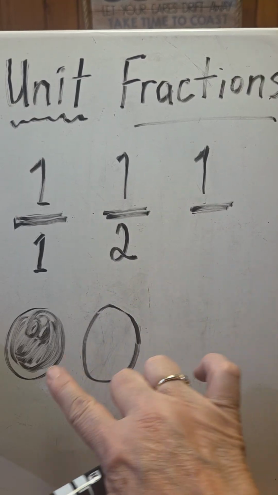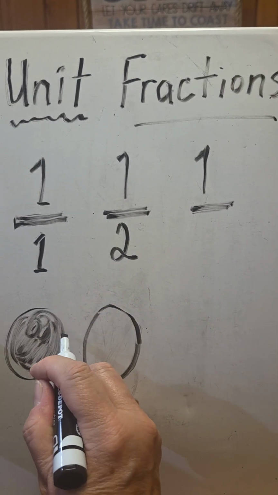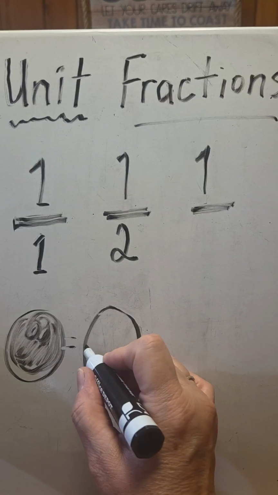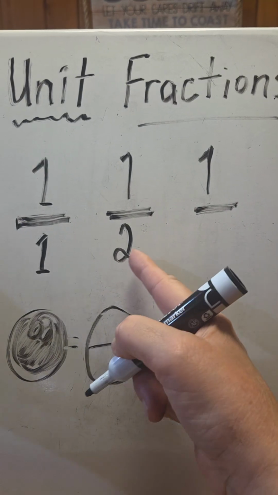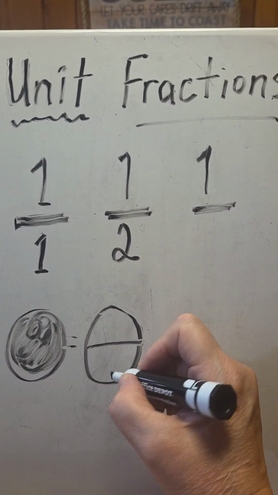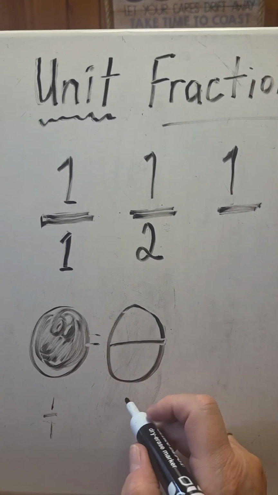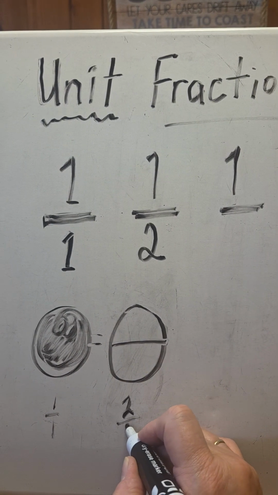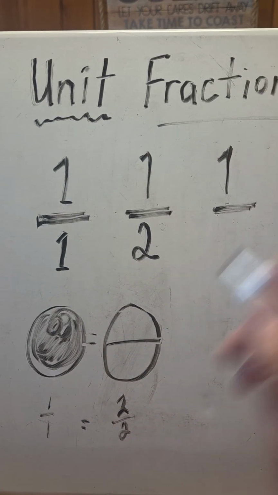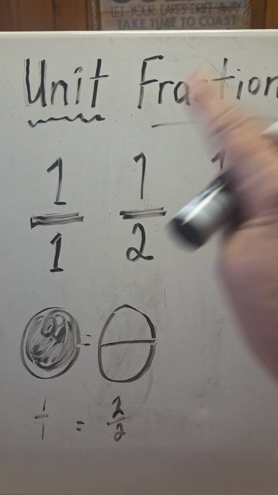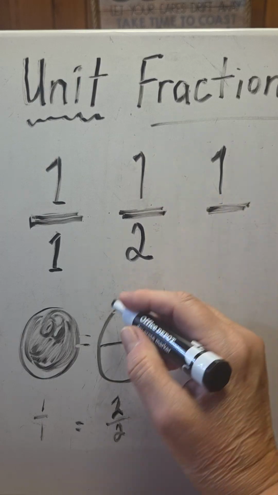So here's 1 and here's 1 and they're equal. If I cut them in half, now I have 2. 1, 2. Those are equal. 1 out of 1. 2 out of 2. They are equal. But they're not going to be equal for long because I only have 1 of them shaded in.